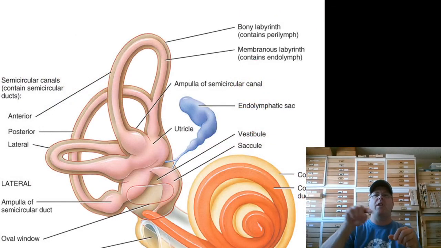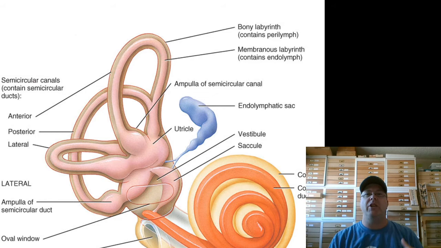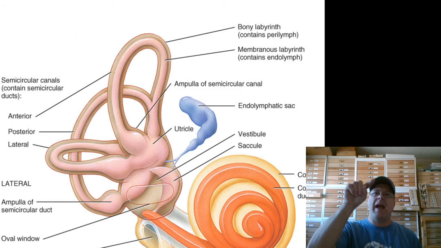Think of the organ of Corti as a coiled set of piano keys. So when that sound vibration comes in, the sound vibration is a pitch. Actually, everything that we hear is a pitch that would fit on the musical scale. So you can think of the organ of Corti as a coiled up set of piano keys.